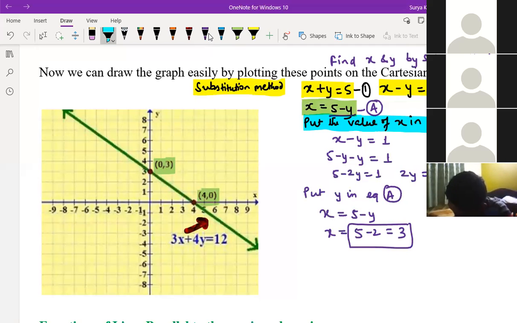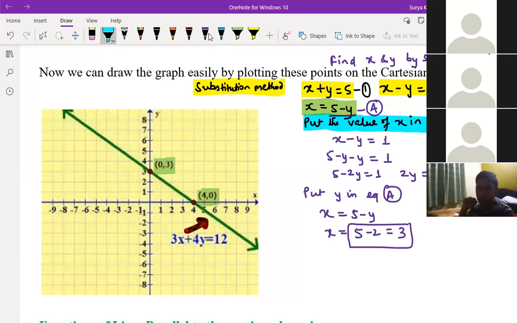Sir, I thought that the first one you wrote x plus y is equal to 5.